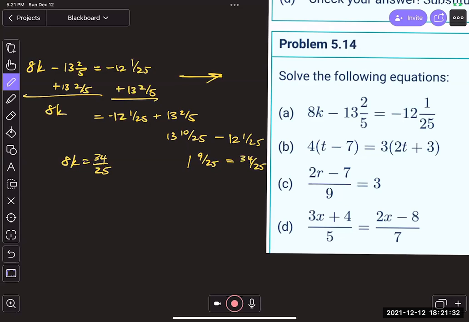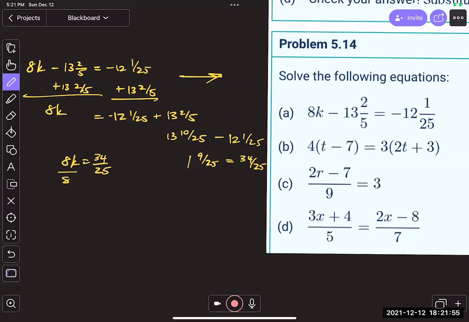How do you get k alone? I need to divide. By what? Divide by what? I need to divide by the 8. Okay, so we divide by 8 here.